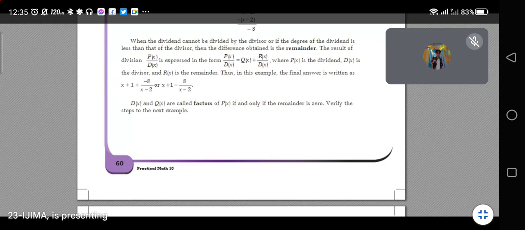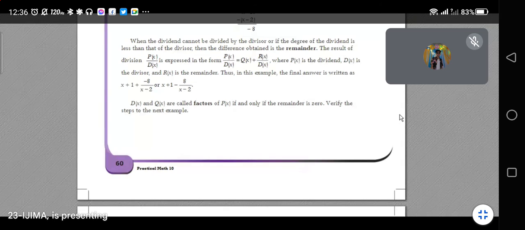Or it can be written as, okay, disregarding the plus as your operation, x plus 1 minus 8 over x minus 2. They are the same, huh? Okay, take note of that when you are writing the quotient and your remainder. Okay, yun lang yung gusto ko idagdag.